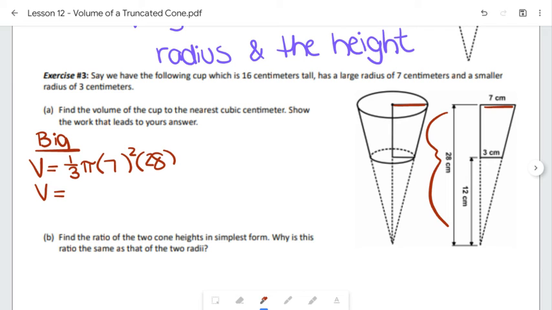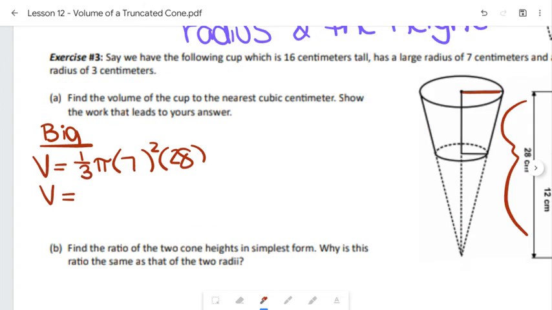So I'm looking at 7 squared, which we know is 49, times 28, and then all divided by 3. In that case, we're going to end up having a decimal, so I'm just going to plug this right into my calculator. And we got basically 1,372 all over 3.